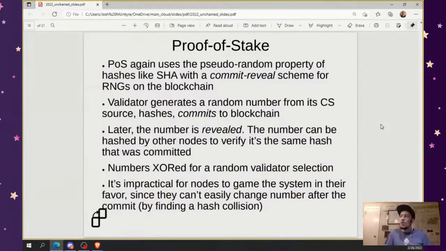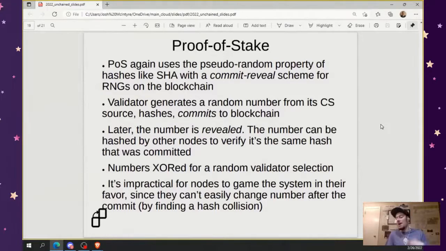Now later, all of the validators reveal their random numbers, and all of the other validators on the network can then make sure that the other nodes were honest by simply running that now public random number through the hash function and verifying that it's the same hash that was committed.